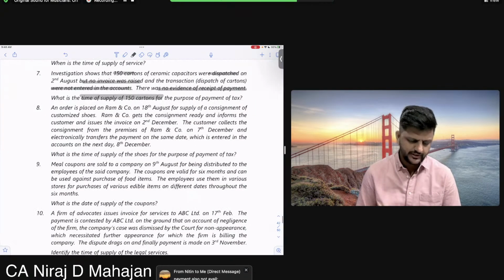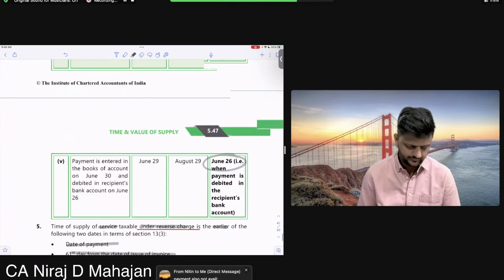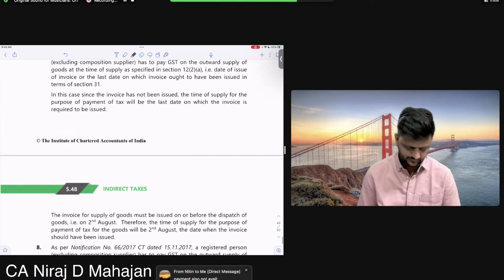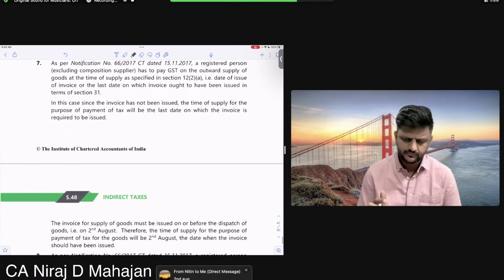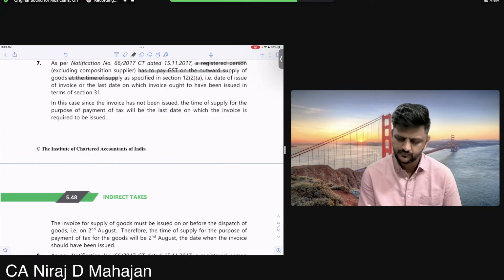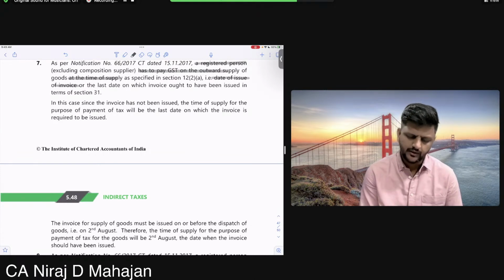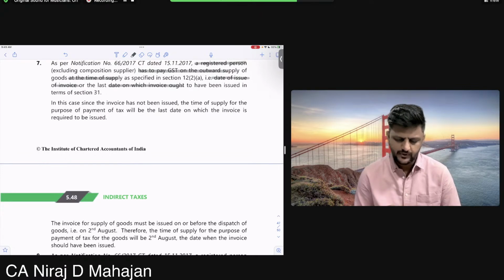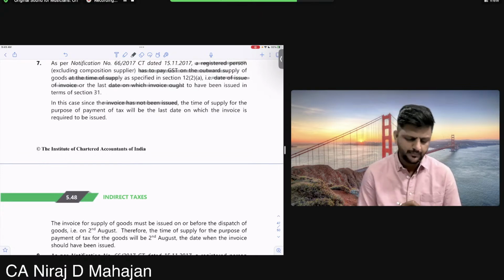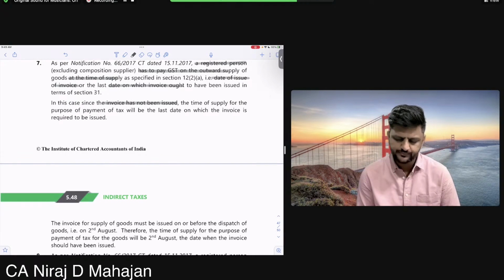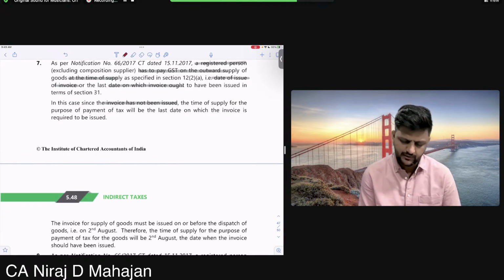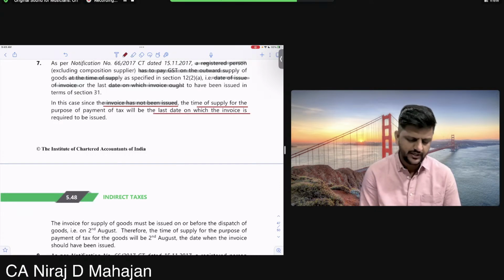So question number 7. Let's check the answer. Date of invoice or due date of invoice. Invoice has not been issued. The time of supply, children, for this purpose will be the last day on which the invoice is required to be issued.